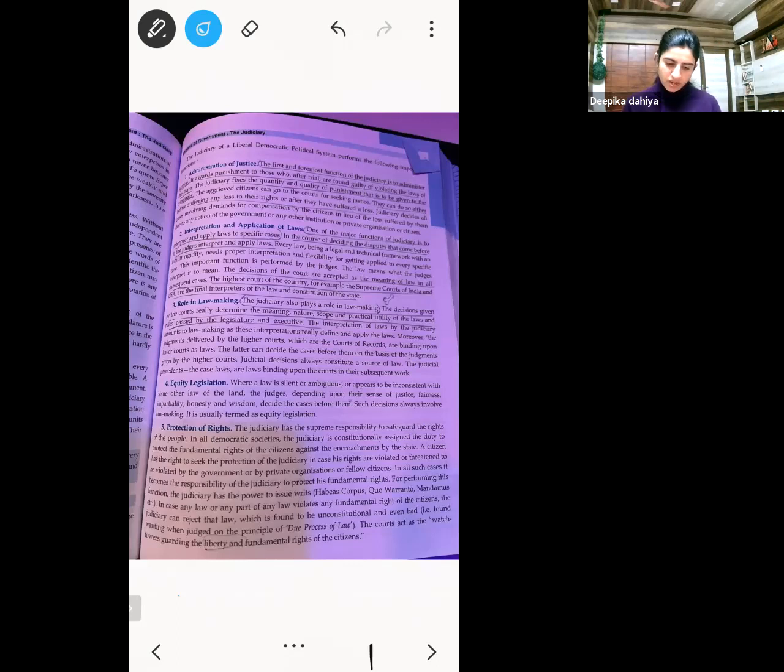Dekhiye, what is the Supreme Court doing, or what is the judiciary in general doing? When a law is silent on something, not addressing a particular issue in a bigger issue, the judiciary may come out with an additional provision in that law, and it would be applicable.